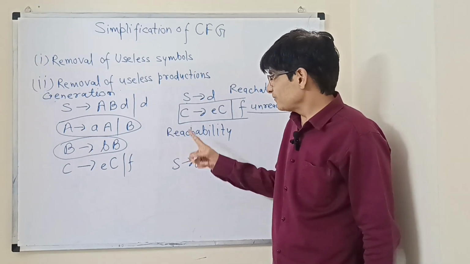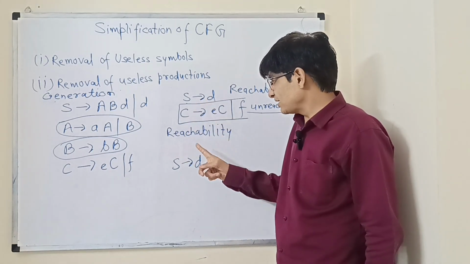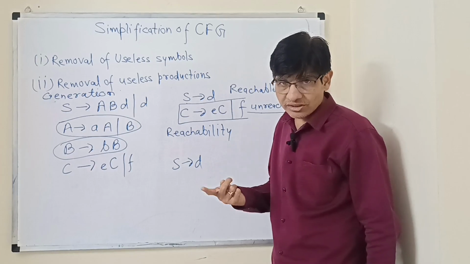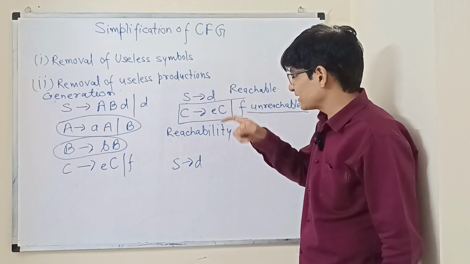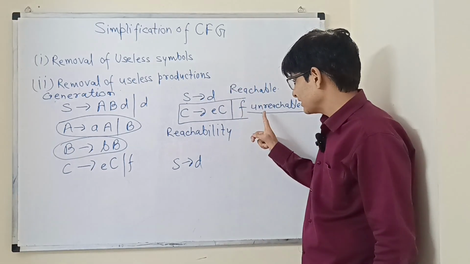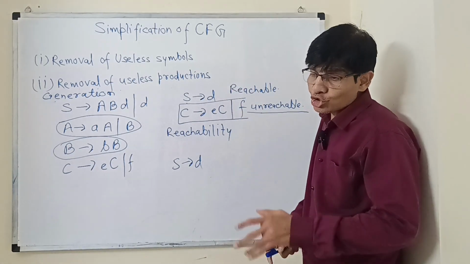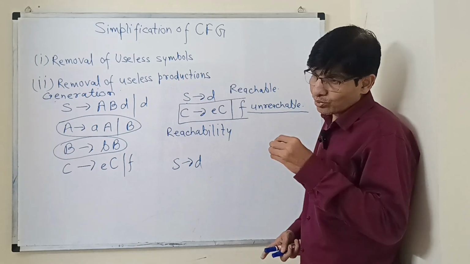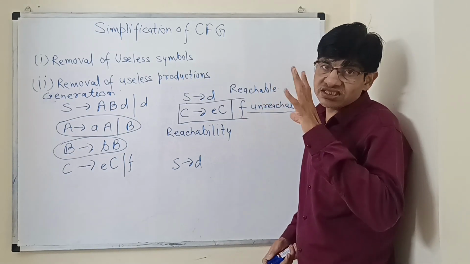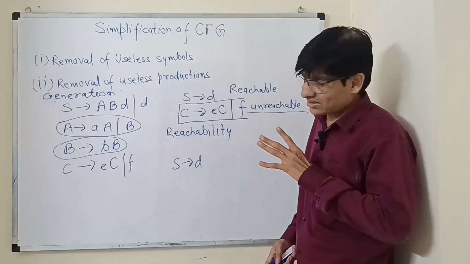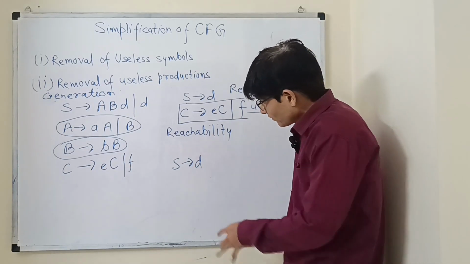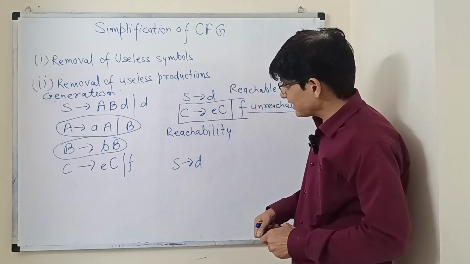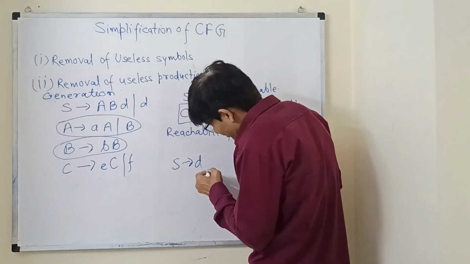Then we applied one more criteria, reachability. Based on that criteria, we again divided the variables in two categories: one is reachable and the other is unreachable. So again, we can remove all unreachable variables and their productions from the grammar. So after applying both the criteria, we finally get the grammar as S gives D only.